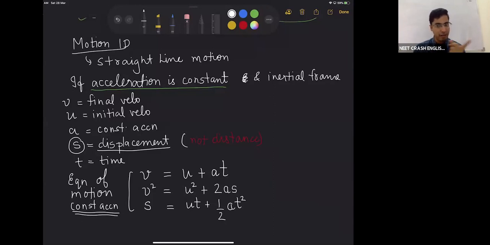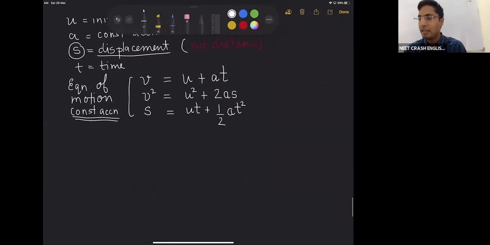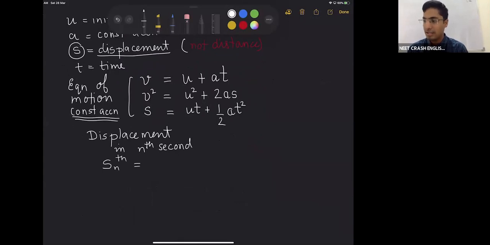There is another one for displacement in the nth second. I will do it using a problem. I am not going to use it as part of this, but for those of you who want to know, there's one more which talks about displacement in the nth second. That is S at nth, which is nothing but Sn minus Sn minus 1.